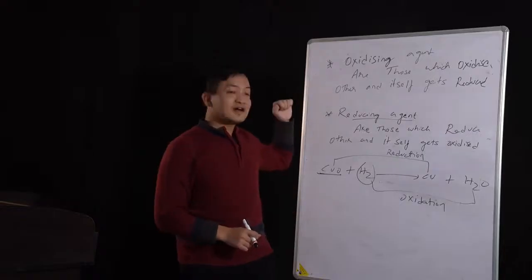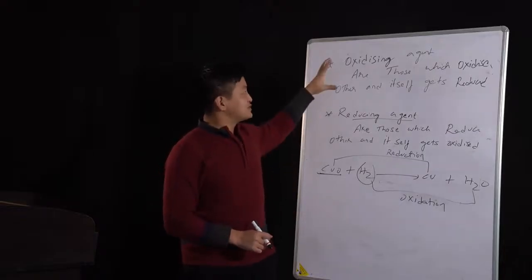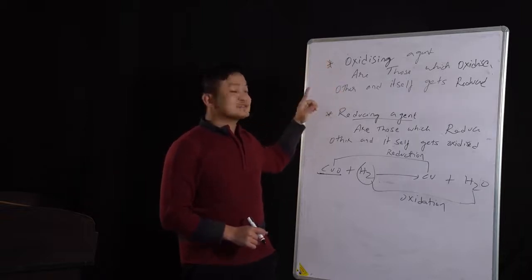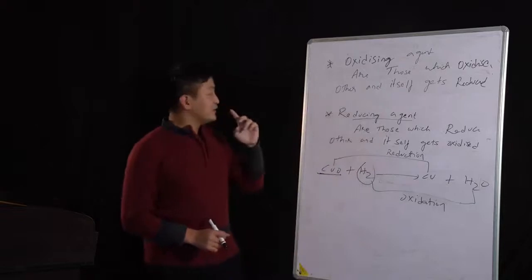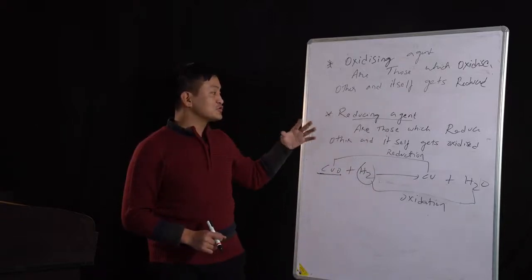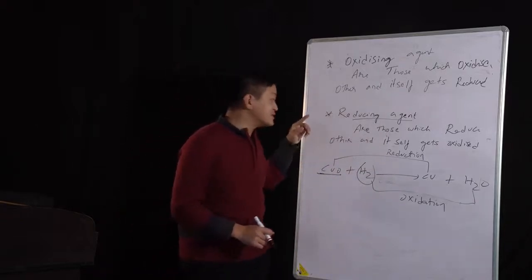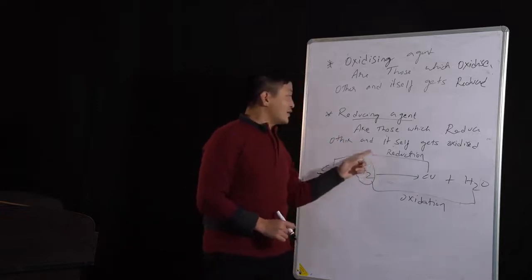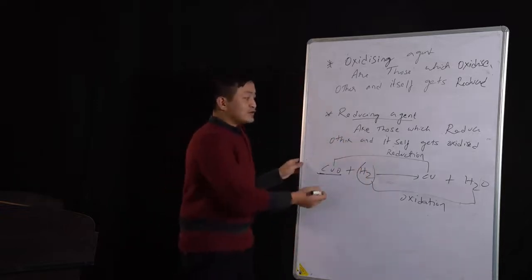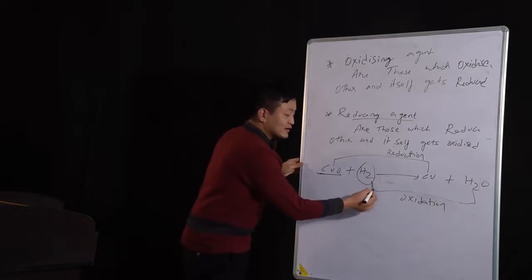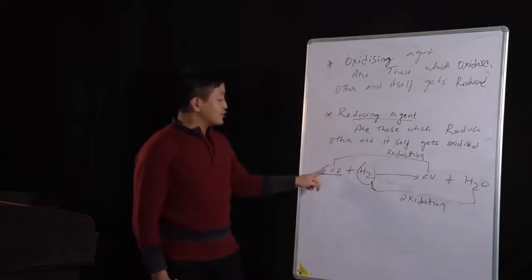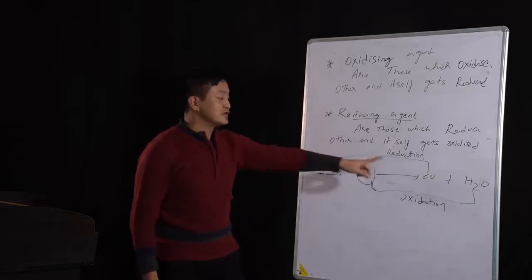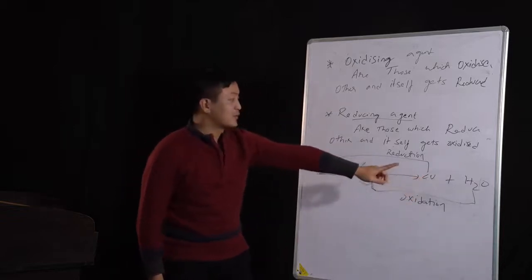If you are clear with this point, the next topic is oxidizing agent and reducing agent. Oxidizing agents are those which oxidize others and itself gets reduced. And reducing agents are those which reduce others and itself gets oxidized. Here hydrogen gets oxidized and cupric oxide gets reduced to copper.